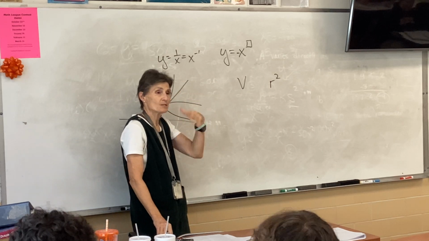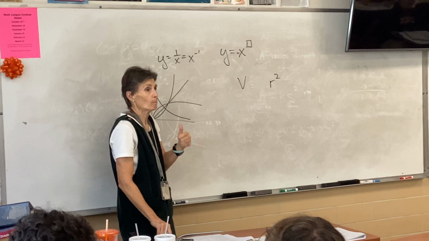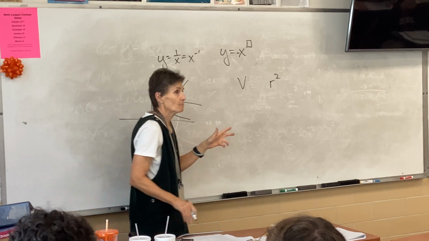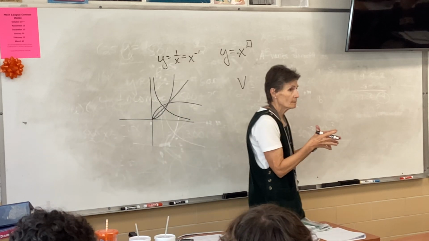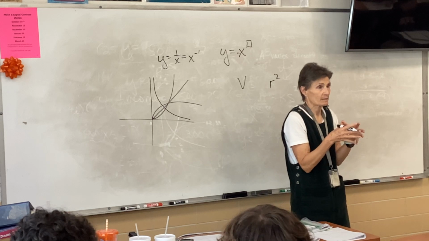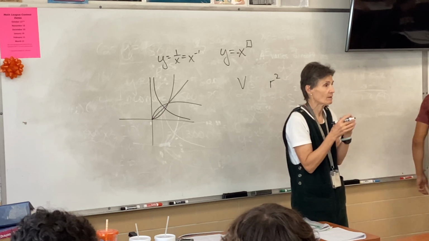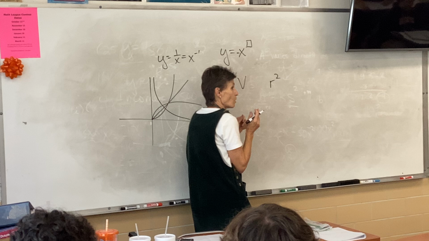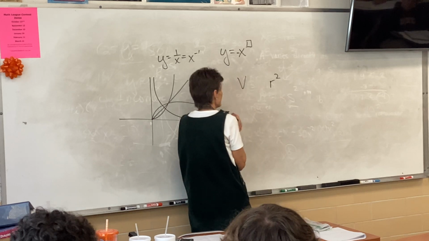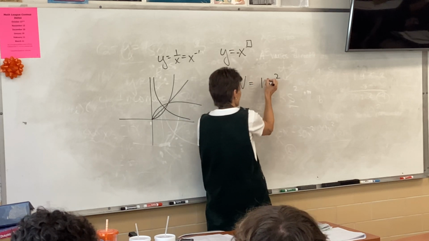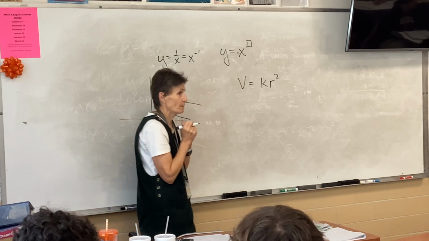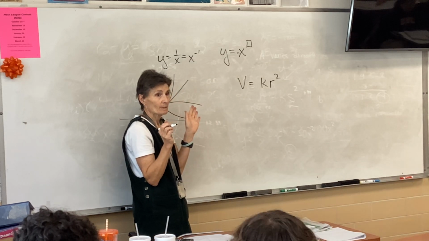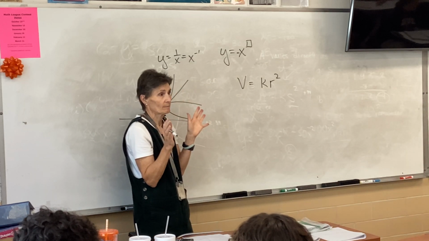This problem doesn't use either word. Proportional means direct. So when you see that word, think direct variation. Remember, the structure of direct variation is one variable is k times the other one. That's all there is to it.